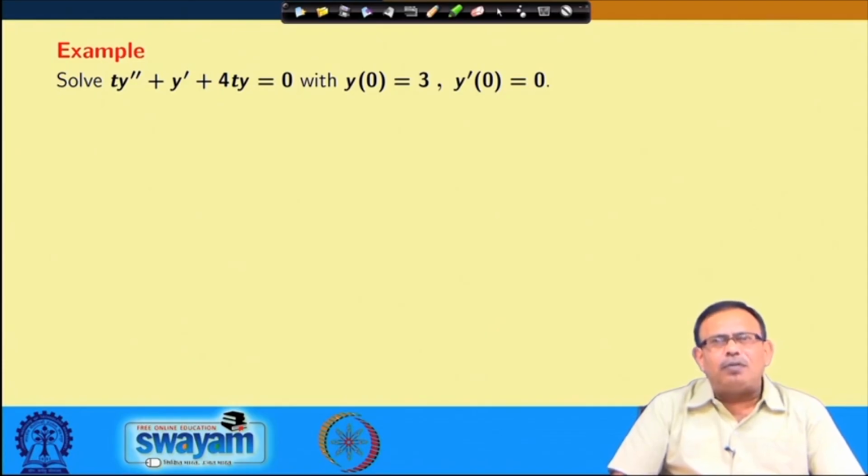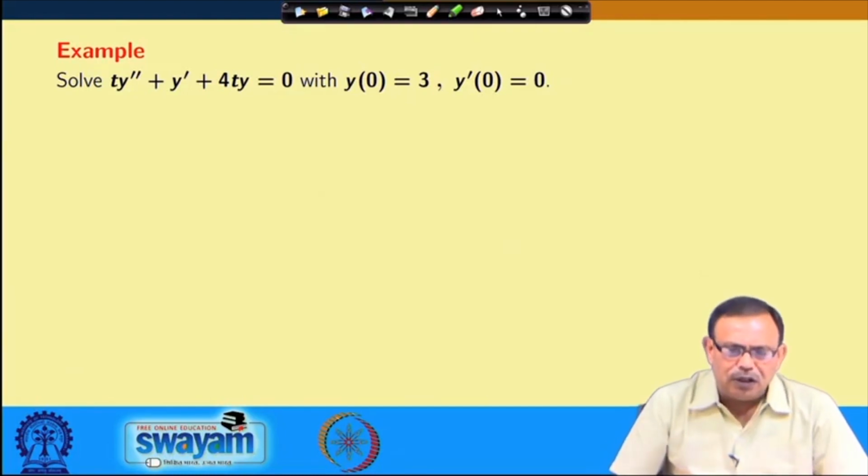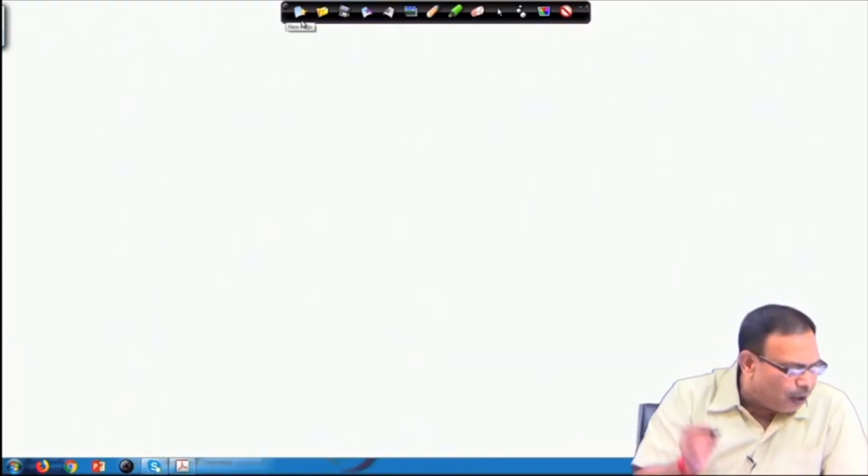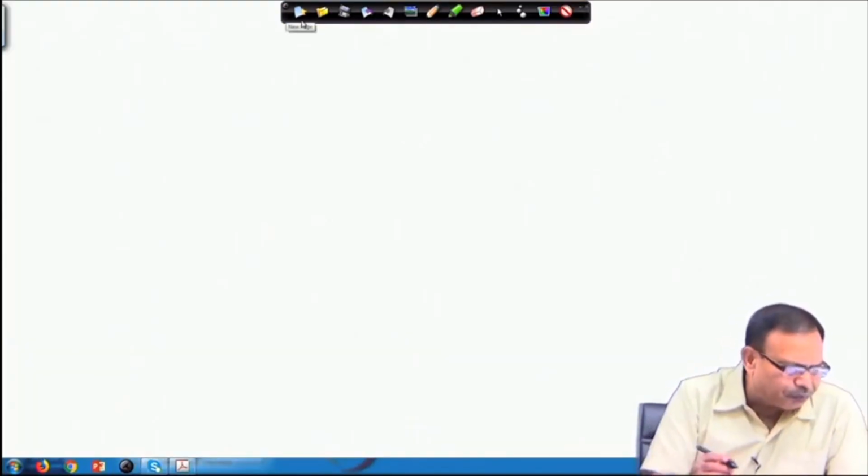In earlier problems, the coefficients of y double dash, y dash or y were constant. Now we are taking the coefficients as functions of t.